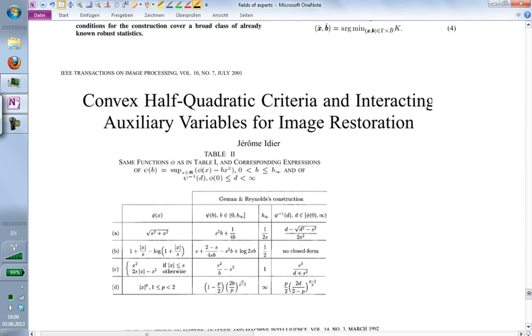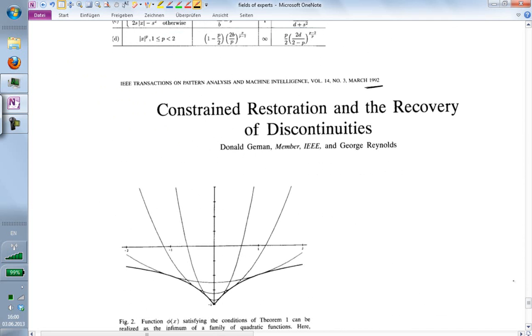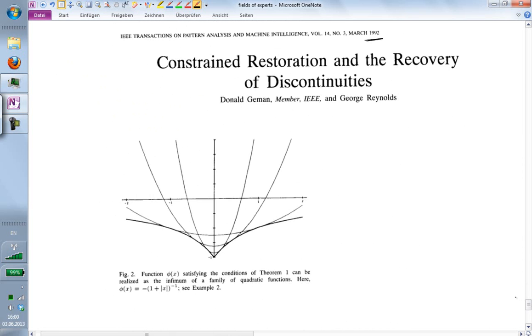Half-quadratic splitting is a technique that goes back to the work of Geman. He wrote 2 papers in which he showed how you can approximately solve a non-quadratic problem through a series of quadratic problems. The idea is to locally approximate your true target function with something that's quadratic.